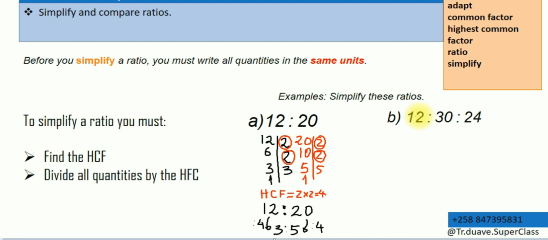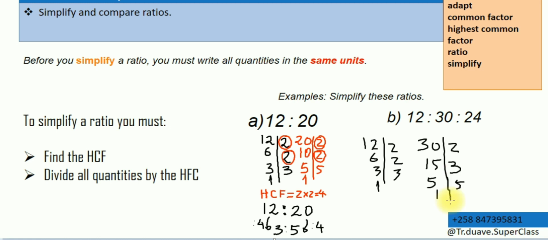So let's get started. 12 we can divide by 2. 6 by 2. 3 by 3. 1. Do the same with 30. And the same we're going to do with 24.